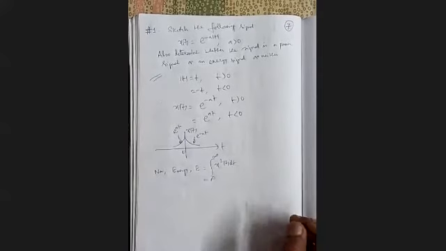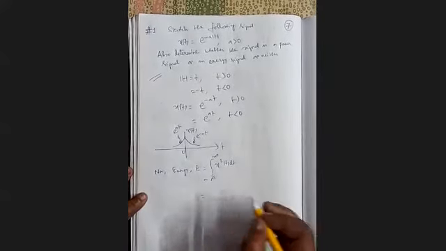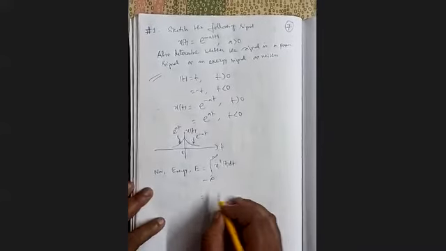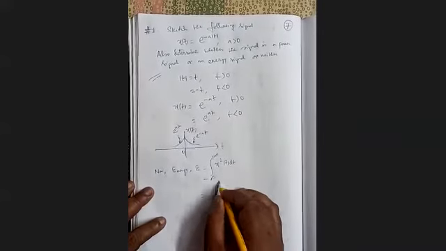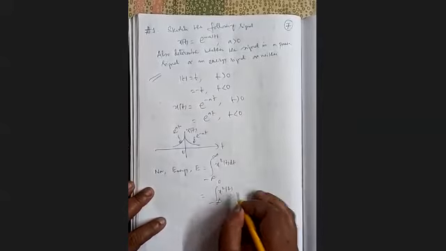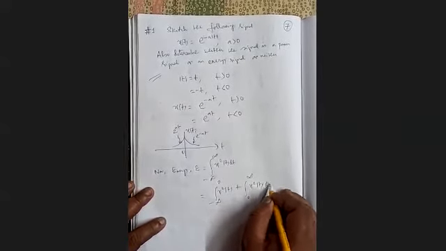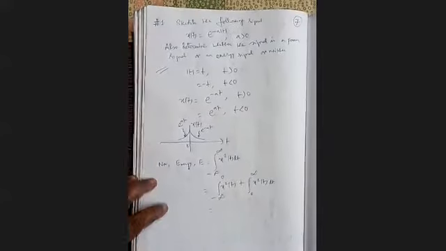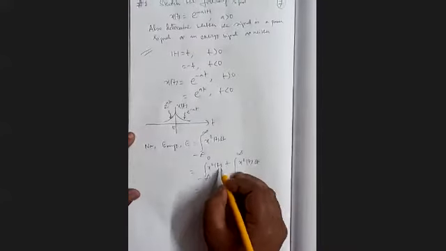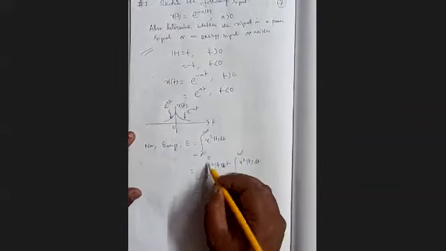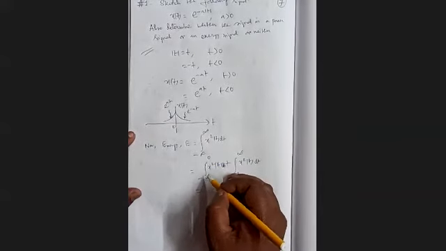We split it: from minus infinity to 0 of x square t plus 0 to infinity of x square t. In the first range t is entirely negative, minus infinity to 0.